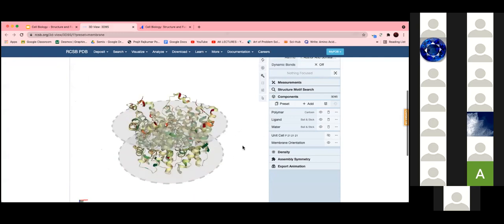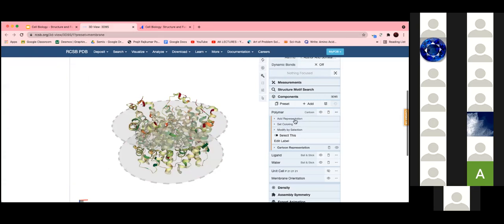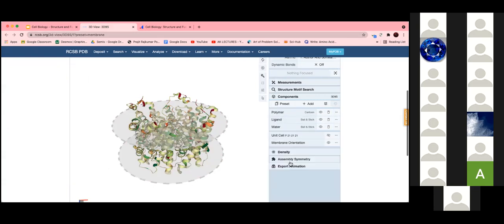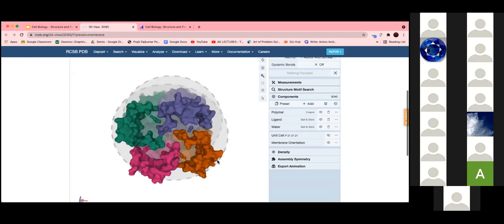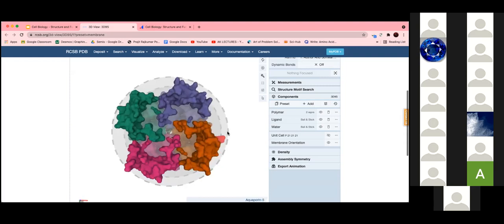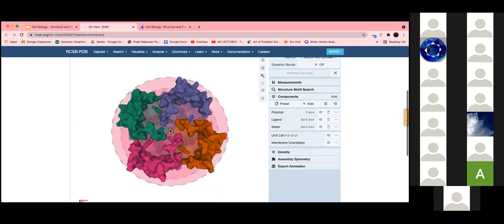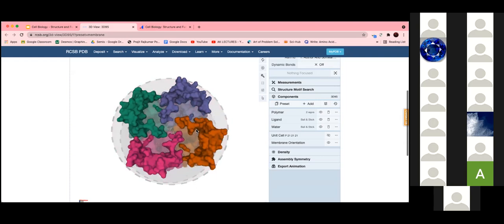So in the case of the aquaporin, we have a bunch of alpha helices spanning the membrane. And then when I add a molecular surface representation, wait for that to render in, you can see what the exterior surface of the protein looks like, and you can see that channel there that allows for the diffusion of water molecules.